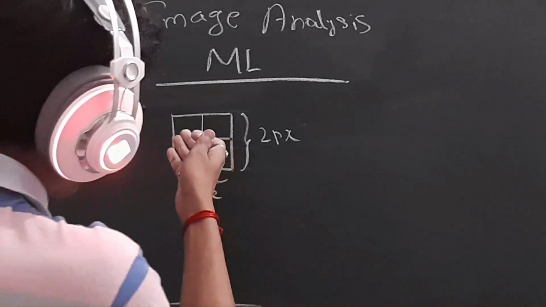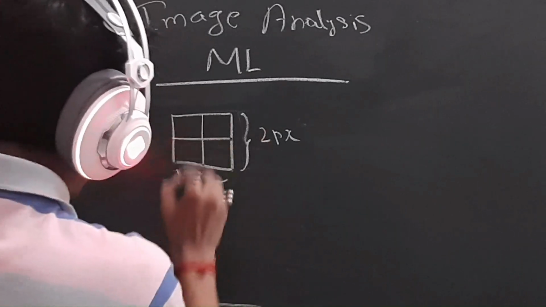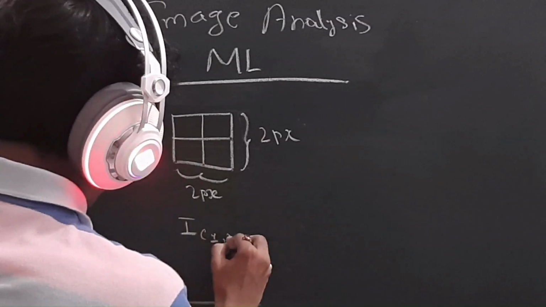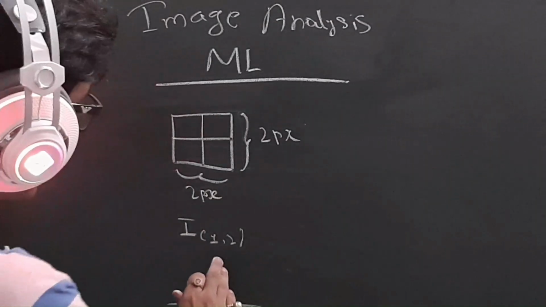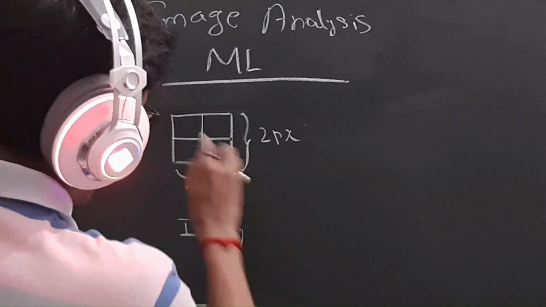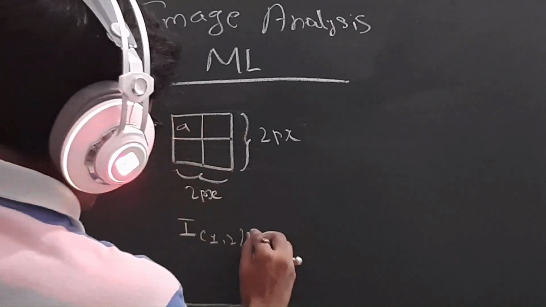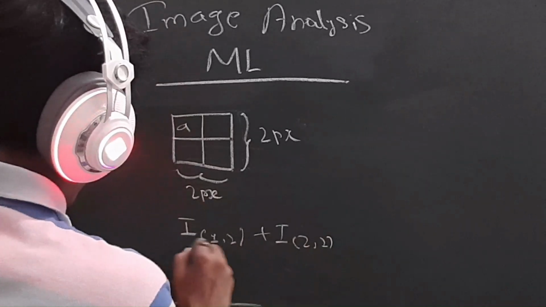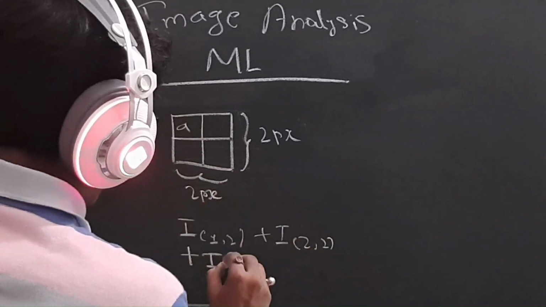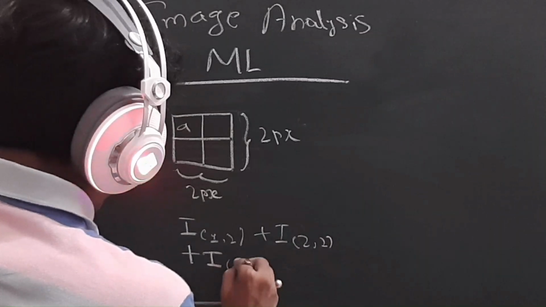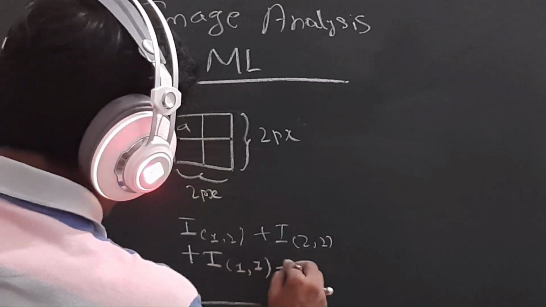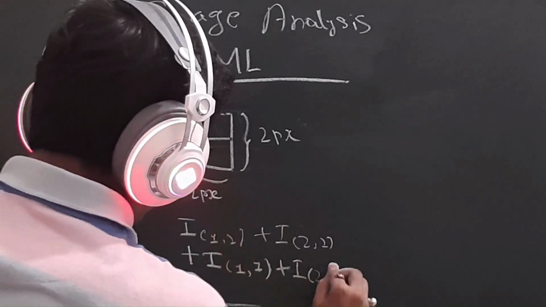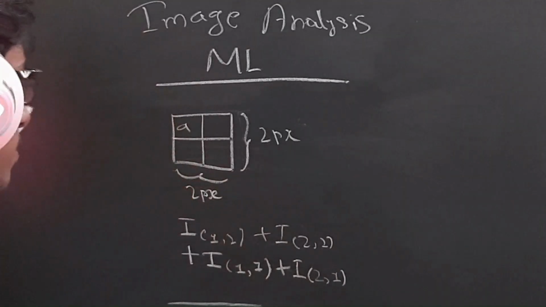Now suppose the color intensity of pixel 1 comma 2, the first pixel, the second pixel color intensity, plus the third pixel color intensity, the 1 comma 1, plus the third one, that is 2 comma 1, right?